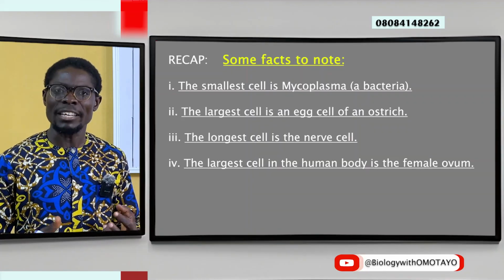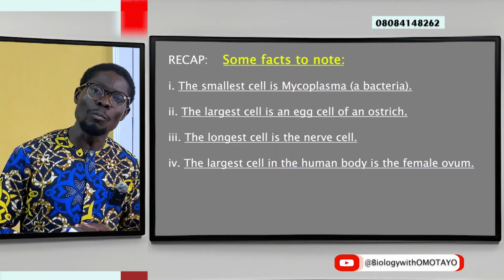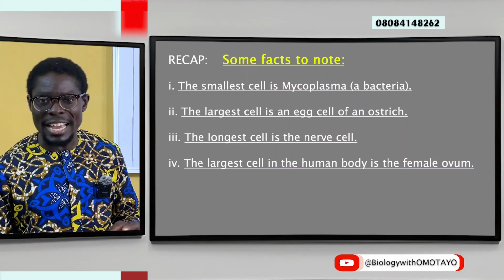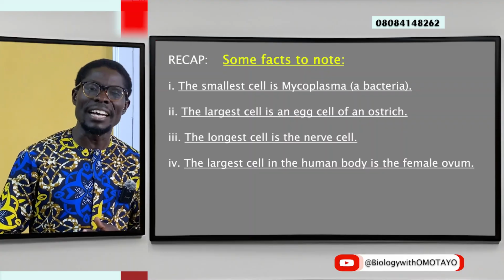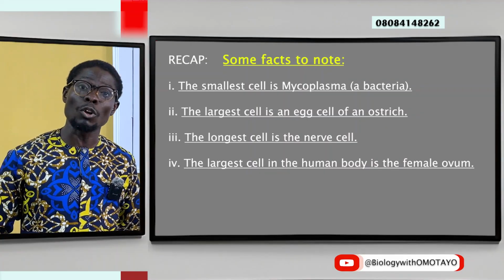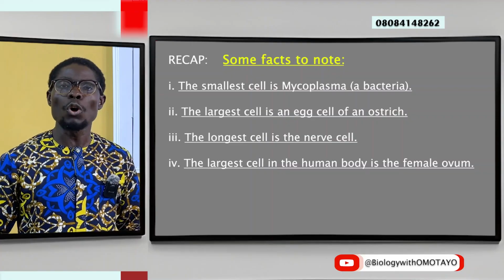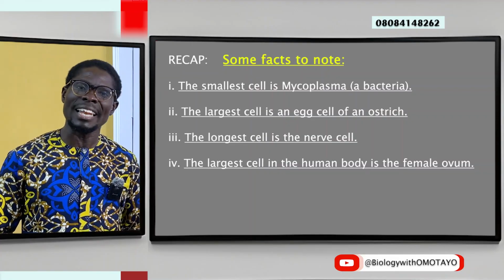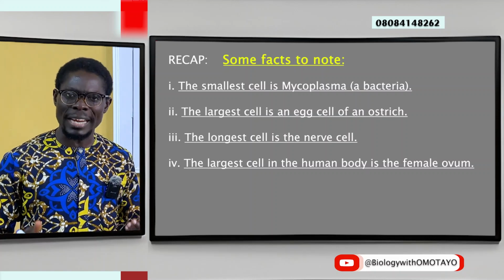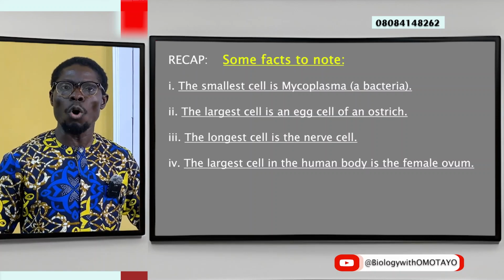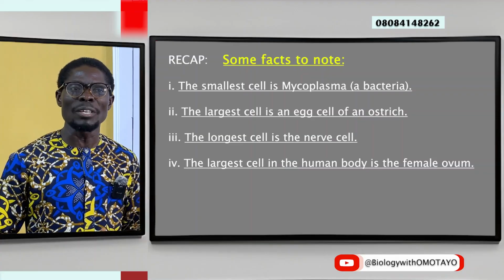Yes, that's the egg from a female human. And the smallest cell is the sperm cell, while the longest cell is the nerve cell. We went on to look at a few other things, scientists that worked on the cell and the cell theory. So please go back and revisit the last video to acquire the required detail and knowledge with regards to all these aspects that have been treated.